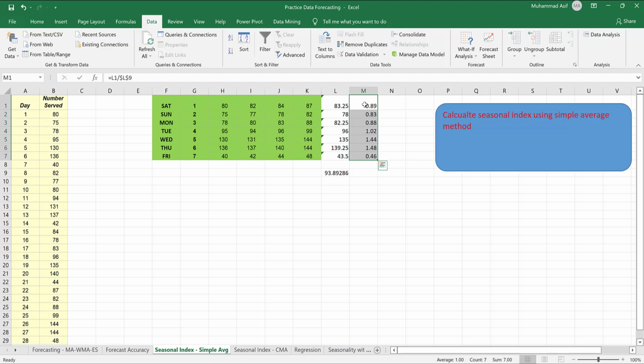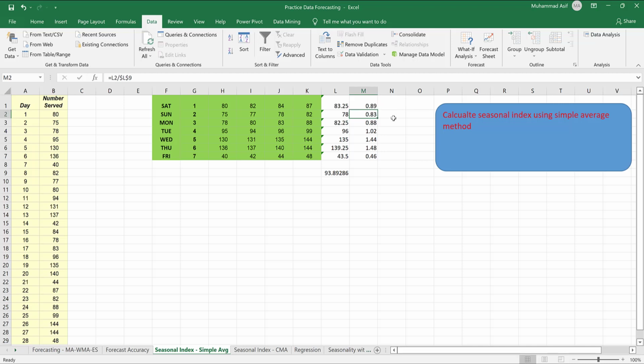So over here we see that for Saturday it's 0.89. What does this mean? It means that on Saturday sales is 11% less than the average sale in the first week. 0.89 plus 0.11 is equal to 100.